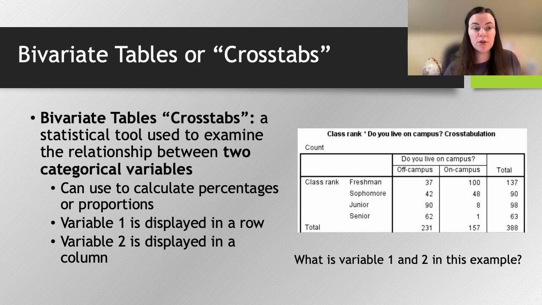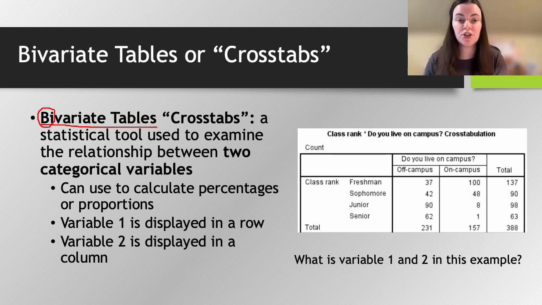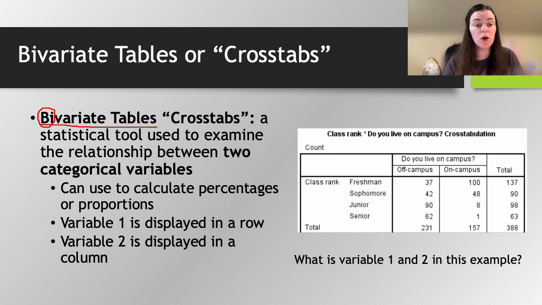In this case, a frequency distribution that measures 2 variables is called a bivariate table. So in this case, bi means 2. You should recall that from our chapter 1 discussion about the difference between univariate, bivariate, and multivariate analyses. So bivariate tables, which are also referred to as crosstabs, if you see that in the book or in Excel language, is a statistical tool that is used to examine the relationship between 2 categorical variables.